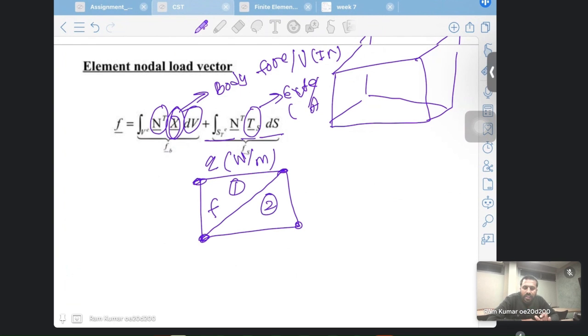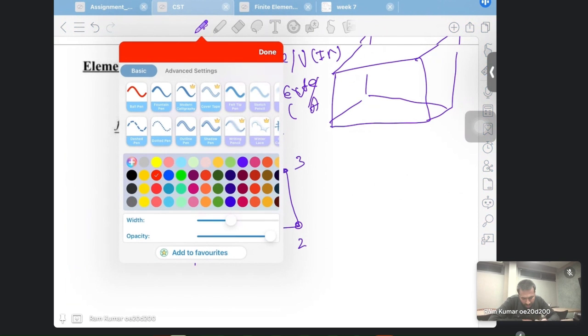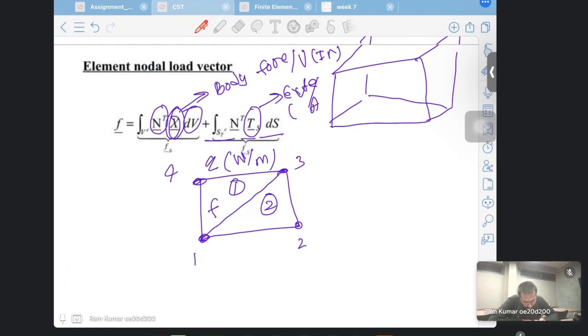We are having two elements, right? Yes, sir. Okay, so this is node 1, node 2, node 3 and node 4.